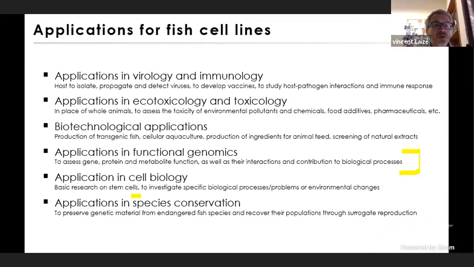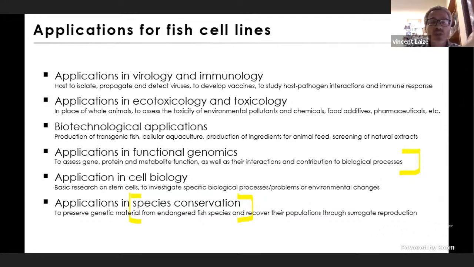I would like to mention just the use of fish cell lines for species conservation. This is something which is not that well known: on the list of endangered species released by the IUCN, there are hundreds of fish that are endangered. Cell lines are a way to preserve the genetic material from these endangered species.